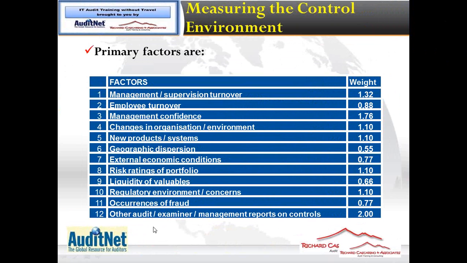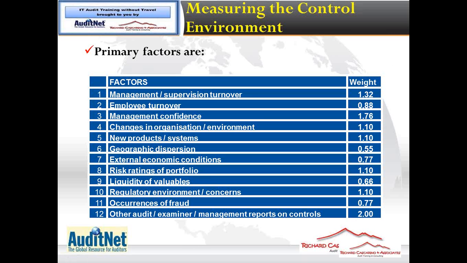So looking at all of those, you can see the weightings that came out there. The number one weighting that they came up with was other reports and controls. Have we had problems in the past in this area with these controls? If the answer to that is yes, I'm worried. Management's confidence comes in high.